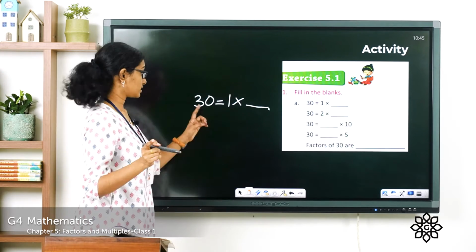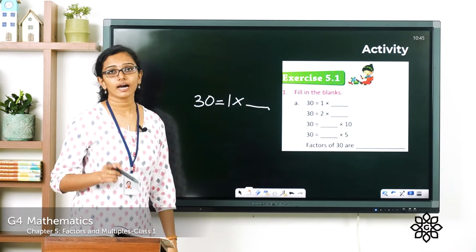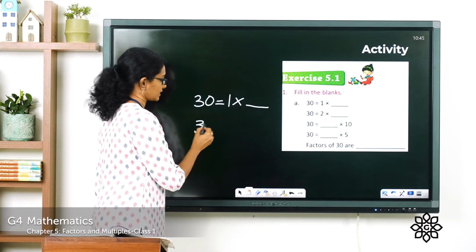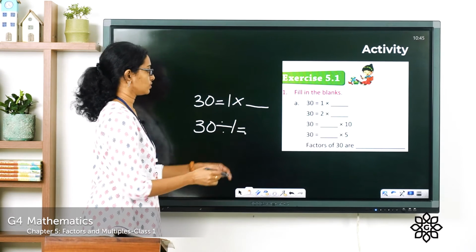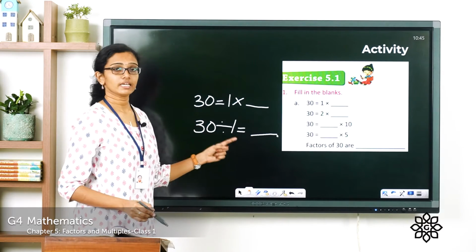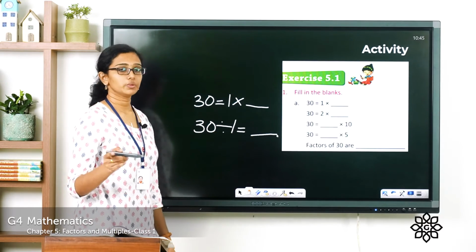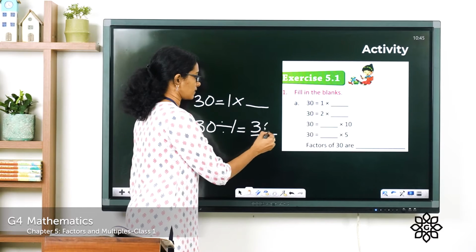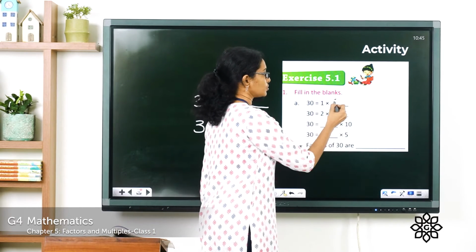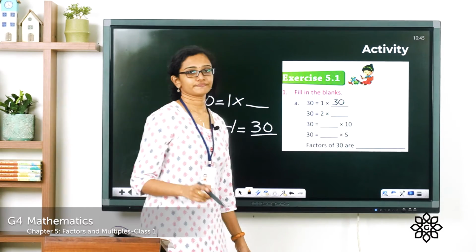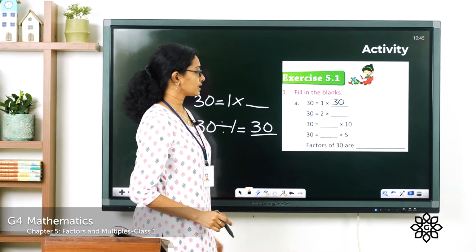We can write 30 divided by 1 should give the other number. So let's write 30 divided by 1 is equal to this number. What would it be? Any number divided by 1 will be that number itself. So what should come here? Here 30 is equal to 1 into 30. Clear?